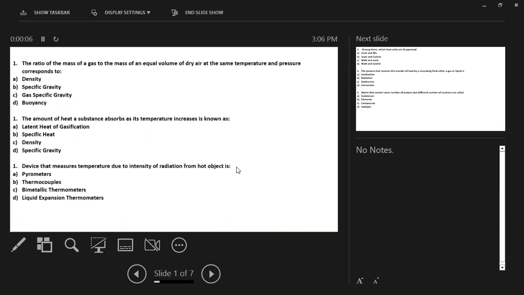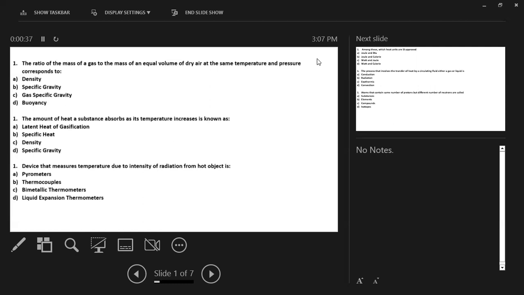Okay. Let's discuss the questions. Question number one: the ratio of mass of a gas to the mass of an equal volume of dry air at the same temperature and pressure corresponds to gas specific gravity, right?